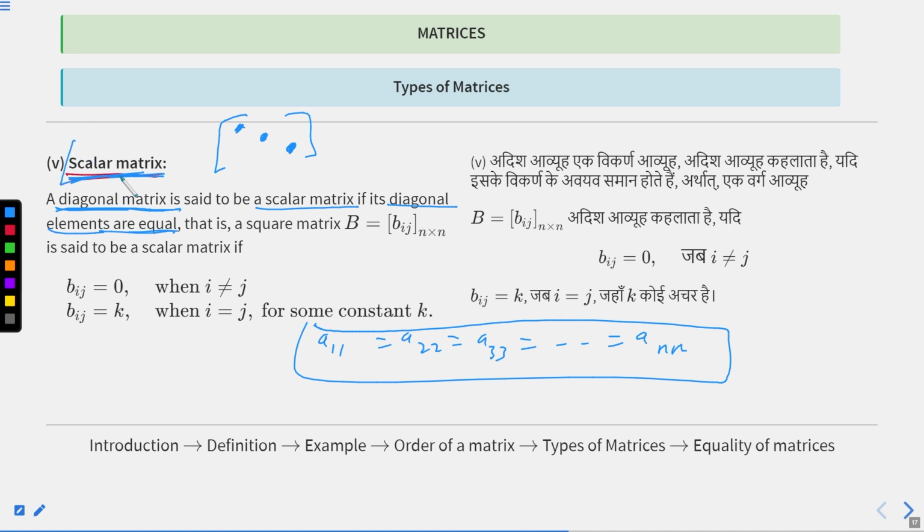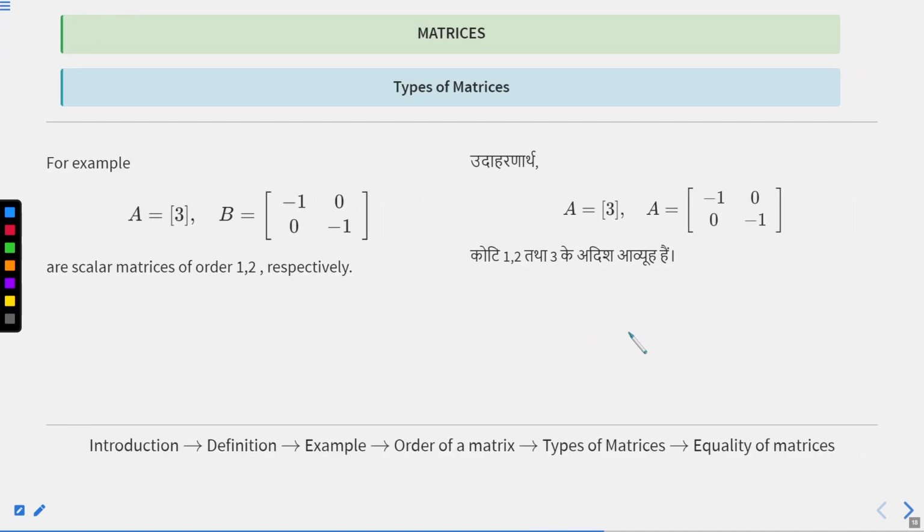So to be a scalar matrix, it must satisfy two things: it must be a square matrix and then a diagonal matrix. This will be some constant k. Let us move next. For example, as you can see, this is my diagonal matrix of order 1.